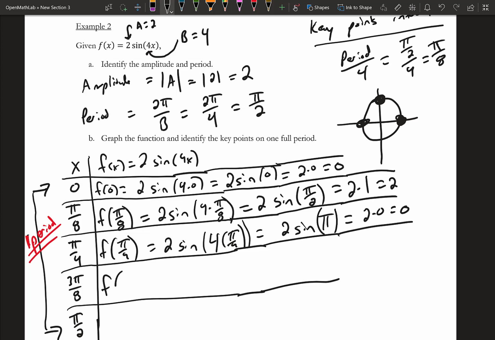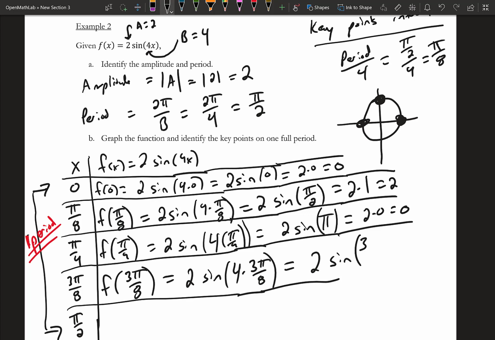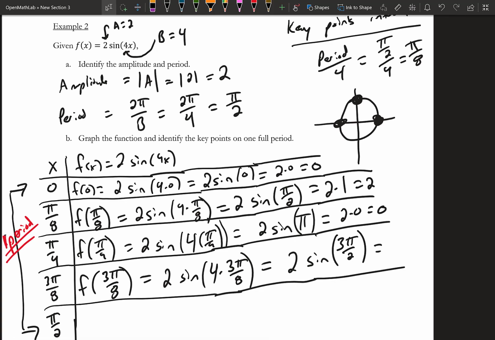And then f of 3 pi over 8 is equal to 2 times sine of 4 times 3 pi over 8, which would be equal to 2 times sine of 3 pi over 2. So sine of 3 pi over 2, we'd be looking at this point here, the y-coordinate, which would be -1. So this would be 2 times -1, which is -2.